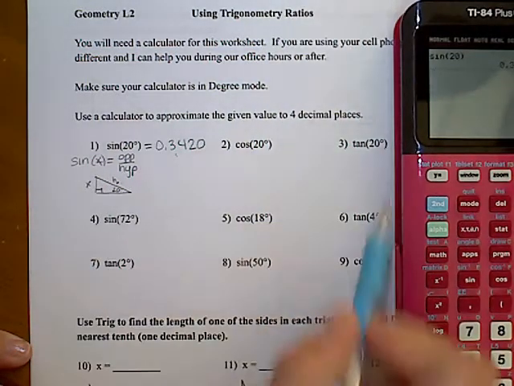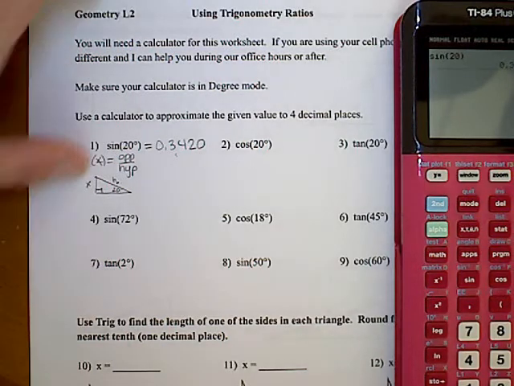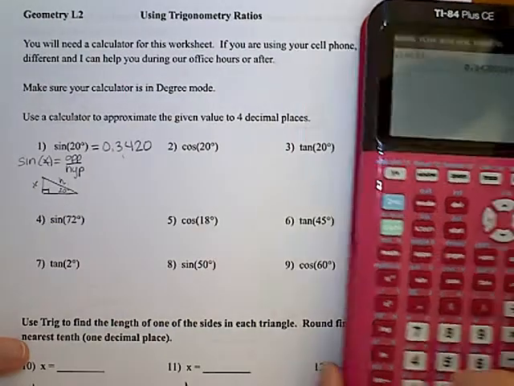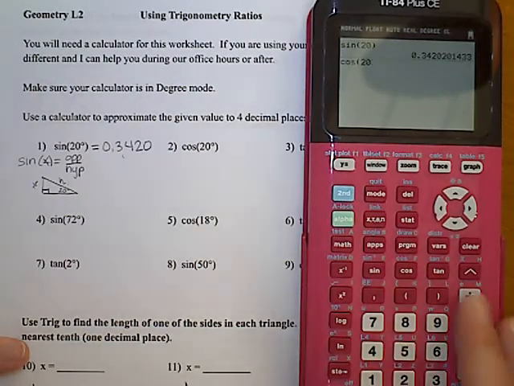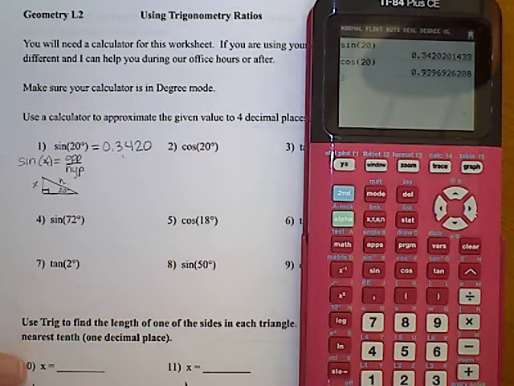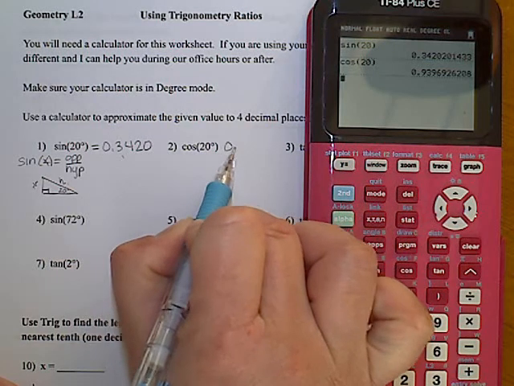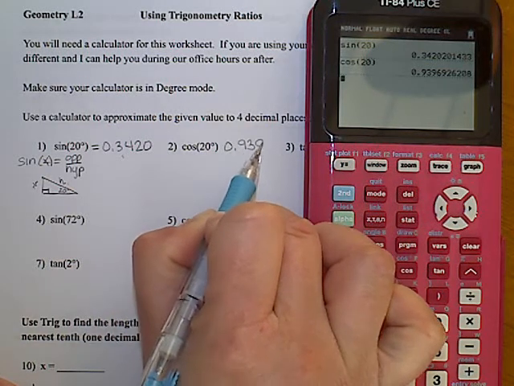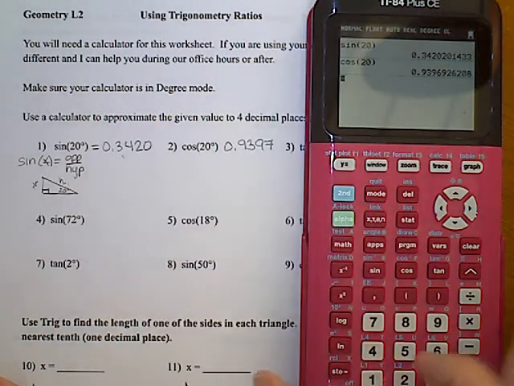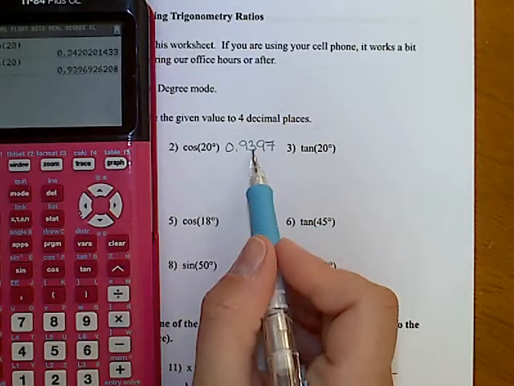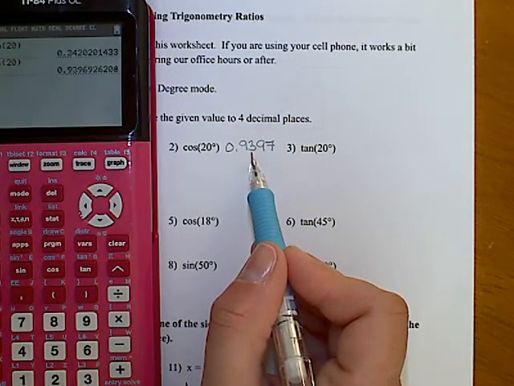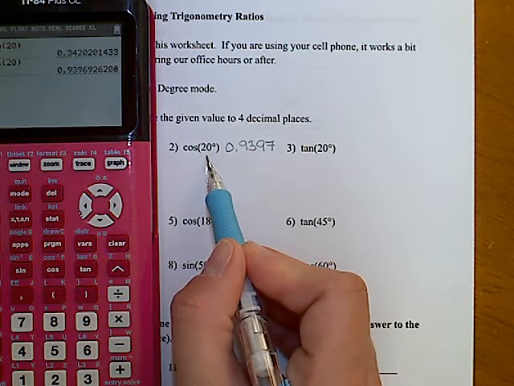So all you're going to do up here is just practice inputting into your calculator. So the cosine of 20 degrees gives us 0.93969, so let's do 0.9397. We can round that up. And again, this is the ratio of the adjacent side divided by the hypotenuse when your reference angle is 20.